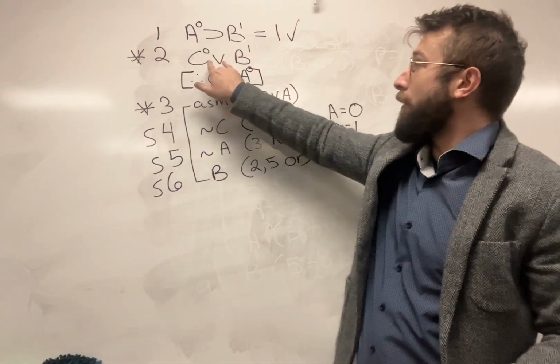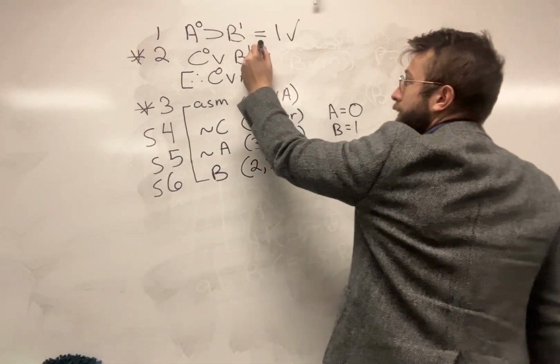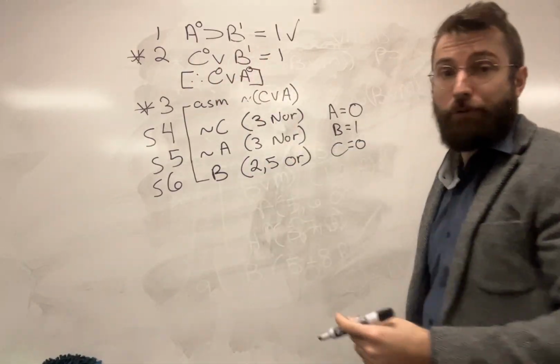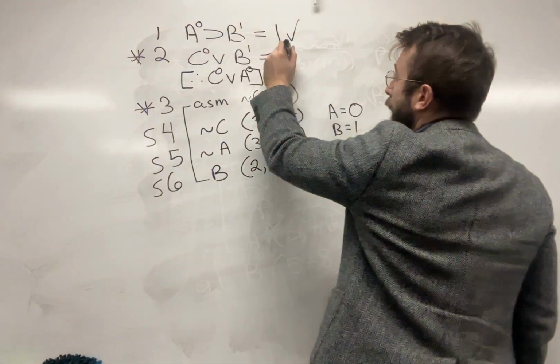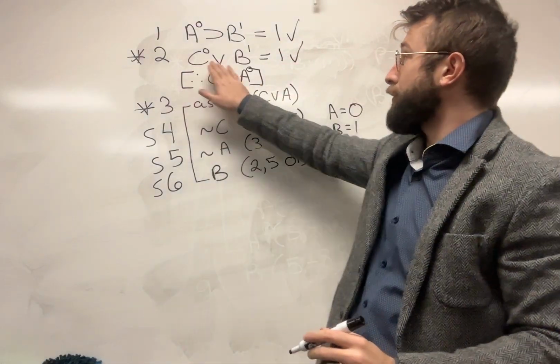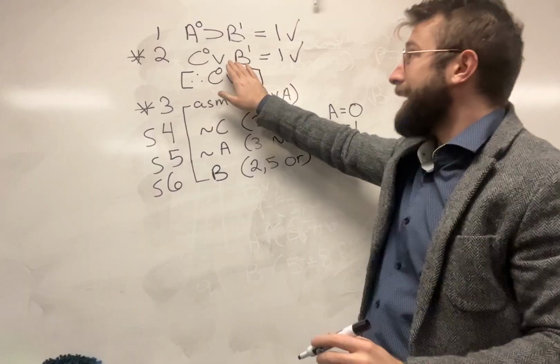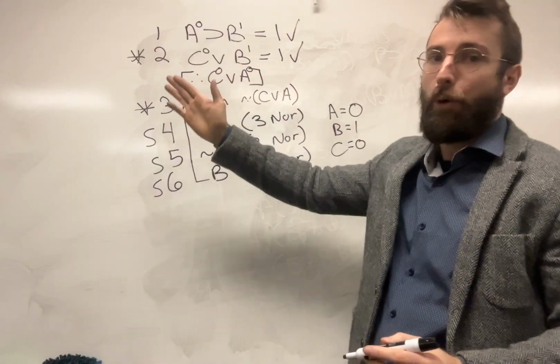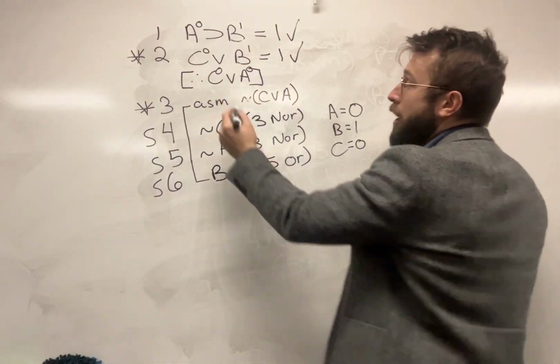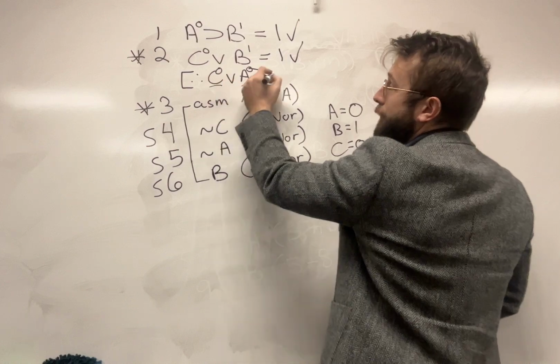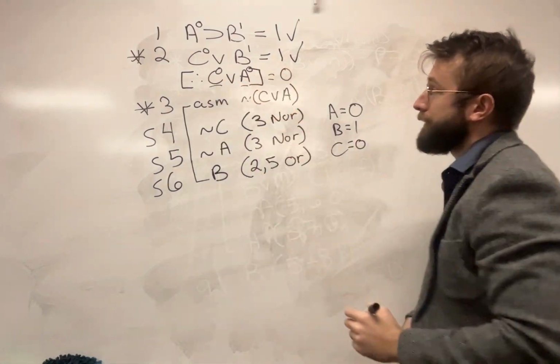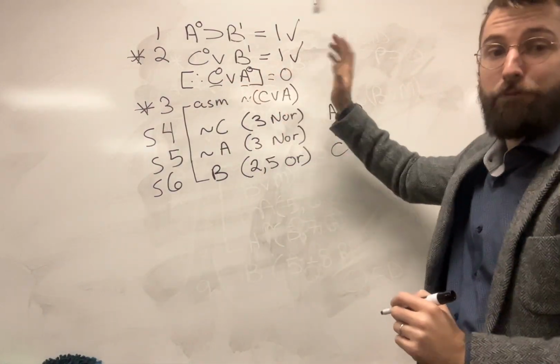A false claim or a true claim. That, once again, is true. If I say that either this claim is true or this claim is true, and this claim is true, then the whole relationship would be true. Well, what about a false claim and a false claim? That is false.